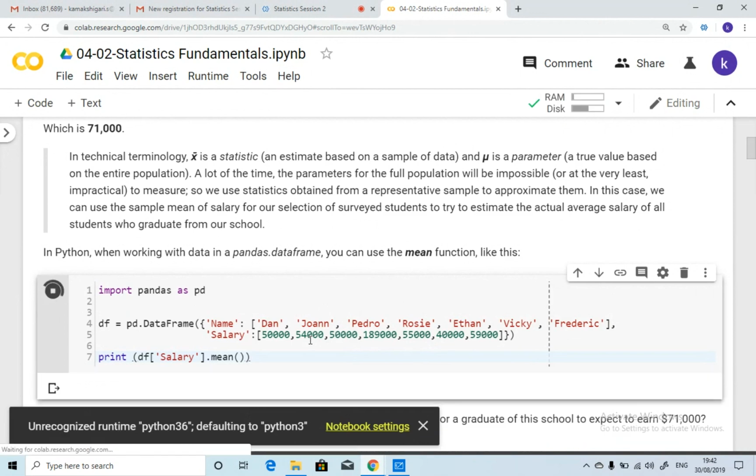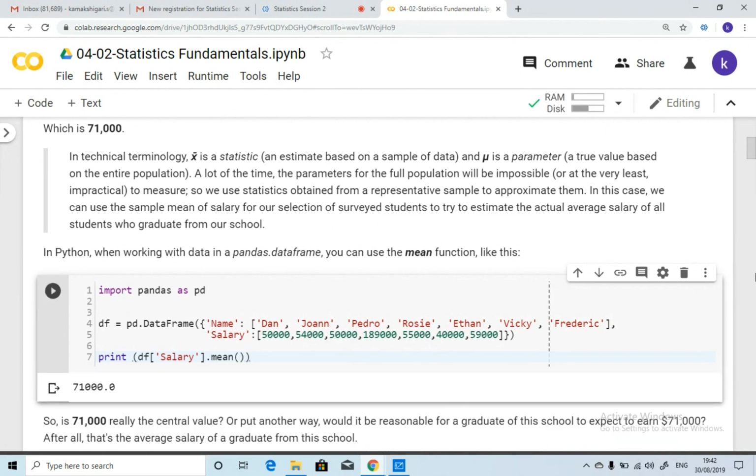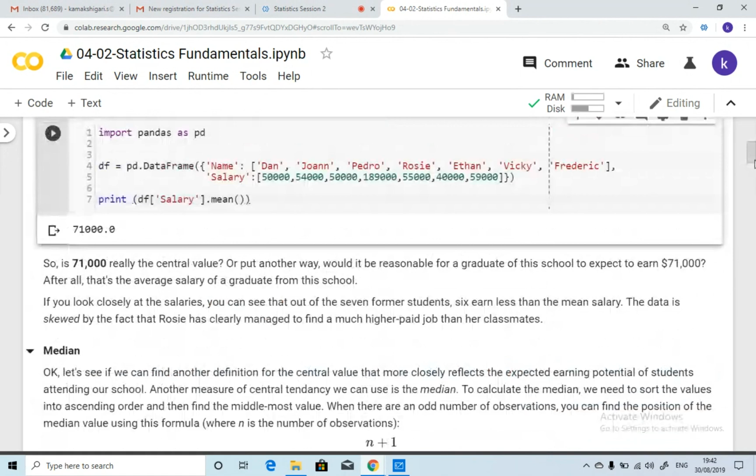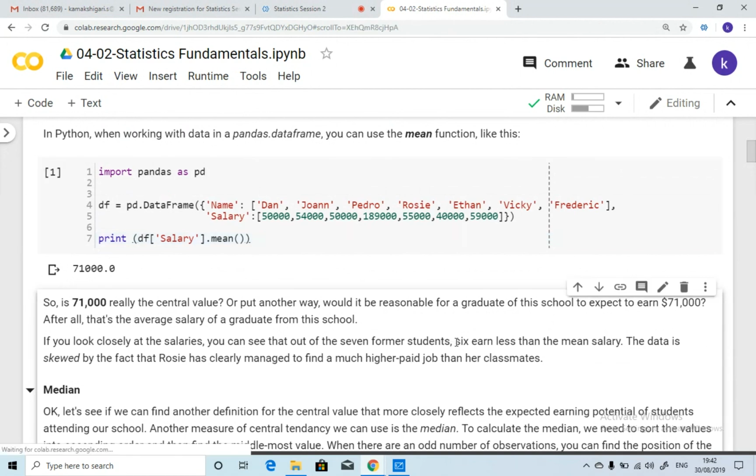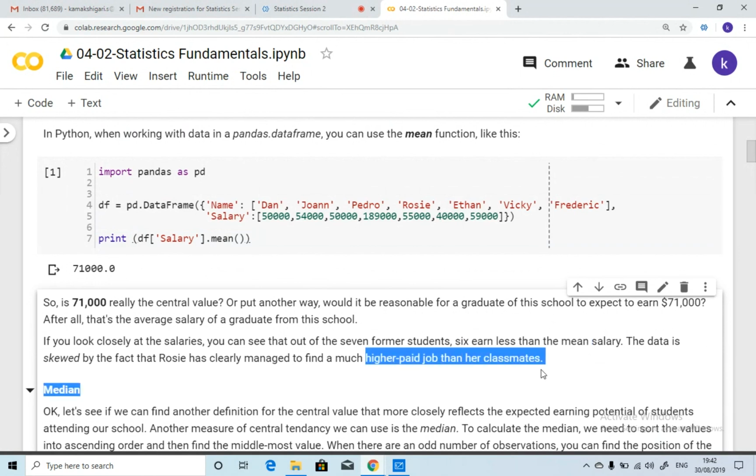Is 71,000 really the central value? If you look closely at the salaries, out of the seven students, six students earn less than the mean salary. The data is skewed by the fact that Rose has clearly managed a higher paid job than the other classmates.